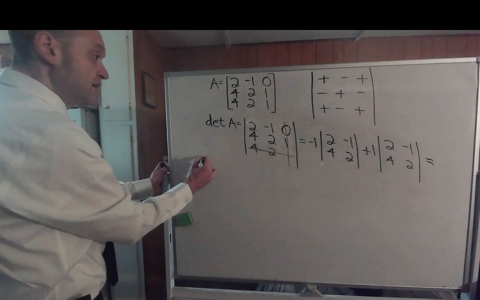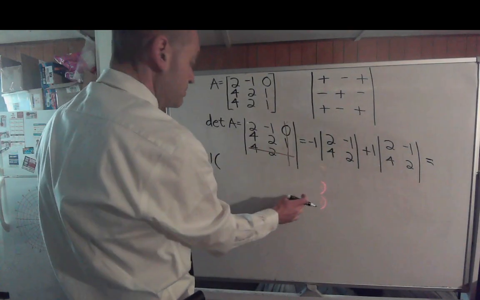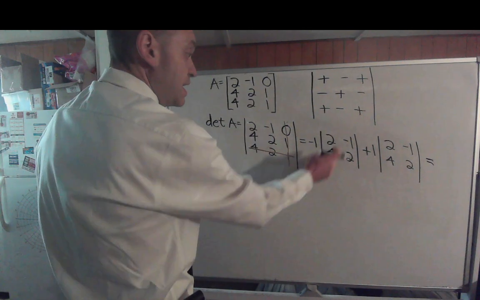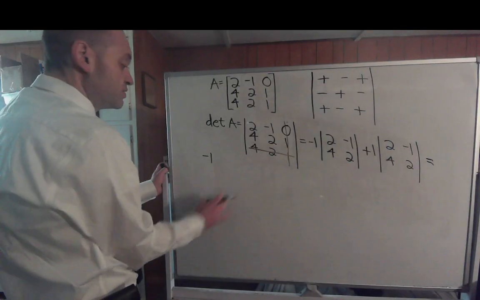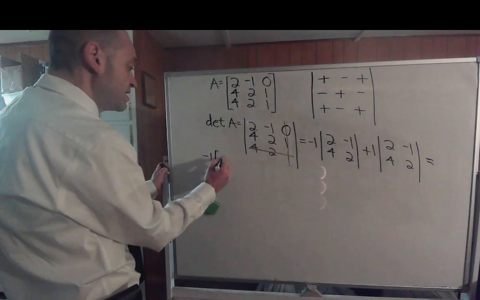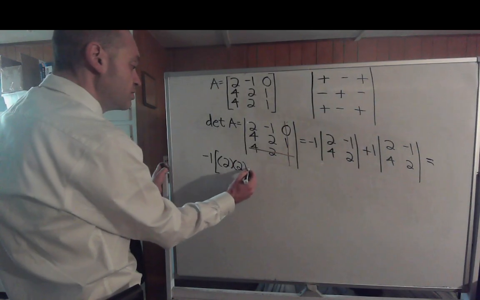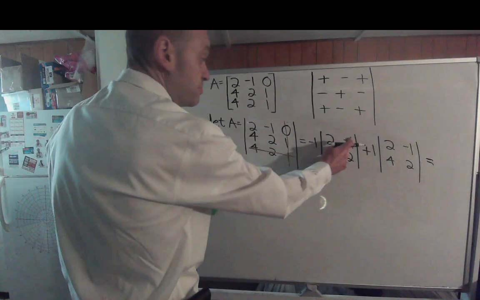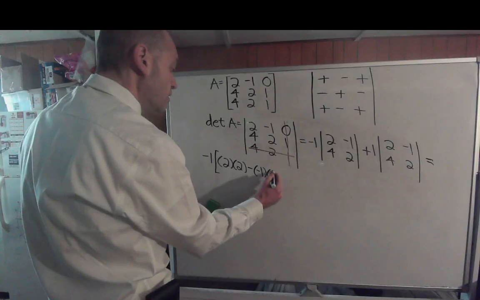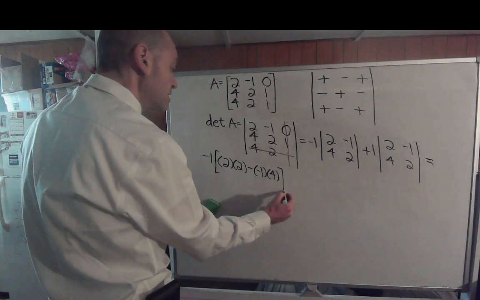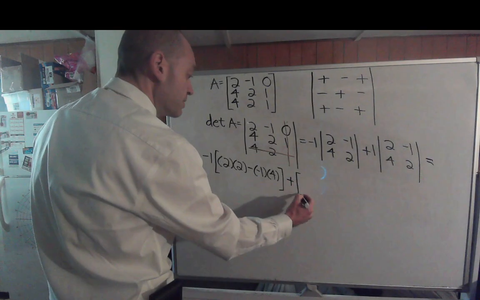I'll have -1 times, what's a 2 by 2 determinant? AD, so that would be 2 times 2. Let me use brackets here. So that would be -1 times the quantity of 2 times 2 minus BC, so minus -1 times 4, plus another 2 by 2 determinant.